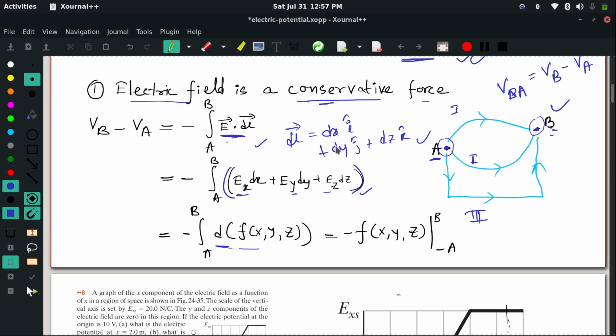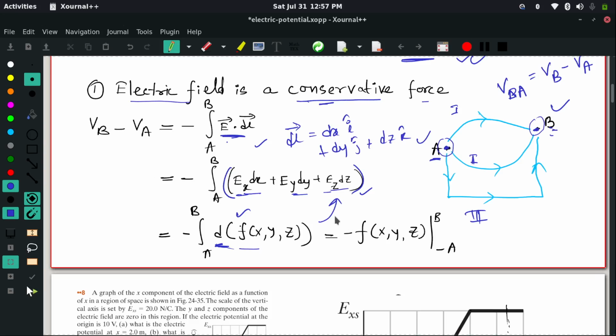So this also has 3 components, and when I take a dot product, I get Ex dx, Ey dy, and Ez dz. Now the simple thing that I am asking: can you find a function f(x, y, z) on which you take an exact differential, and you will get back this integrand?